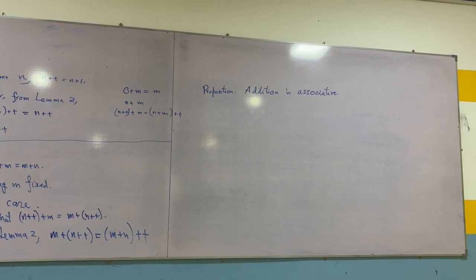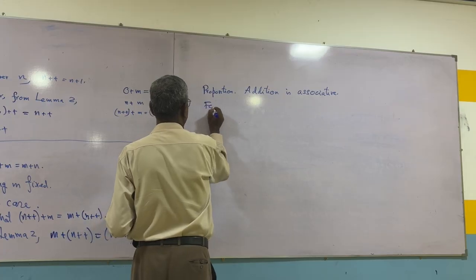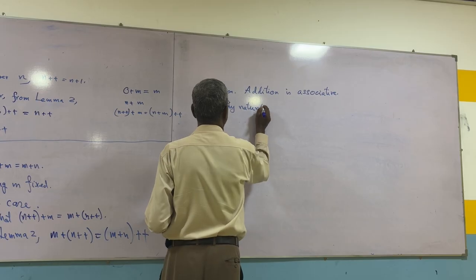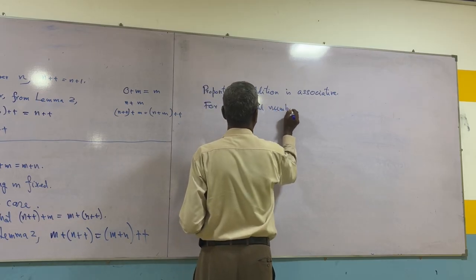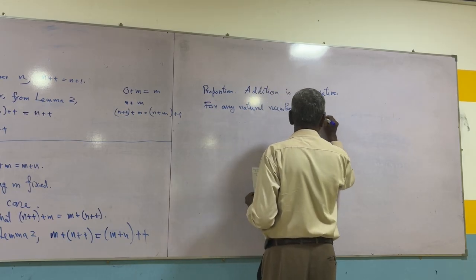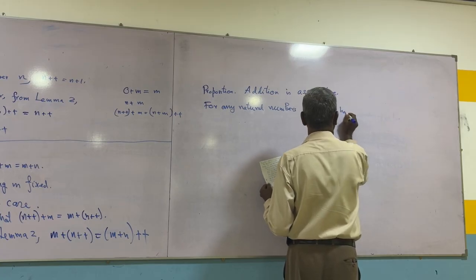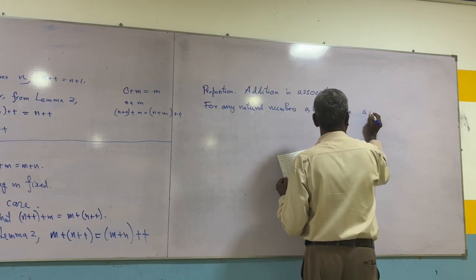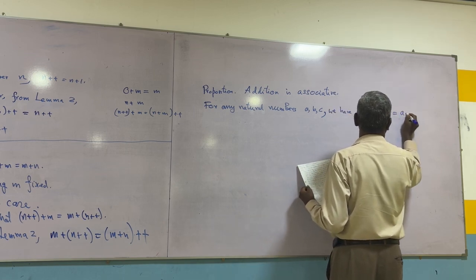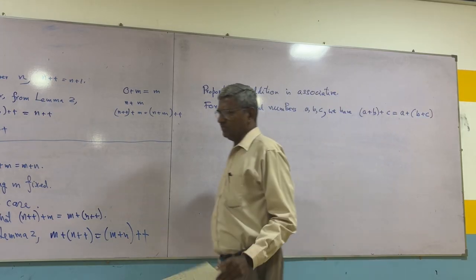That's what we are doing. For any natural numbers A, B, C, we have A plus B plus C is equal to A plus B plus C.